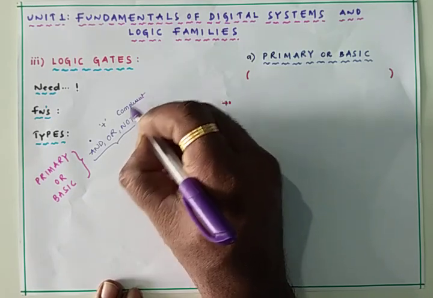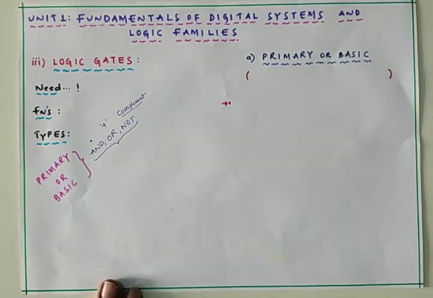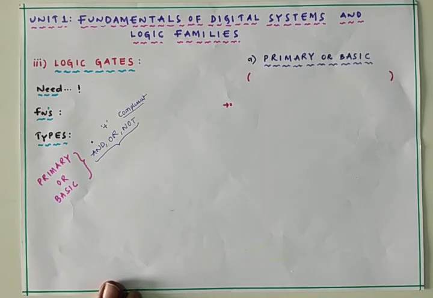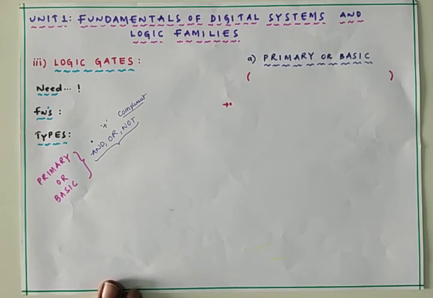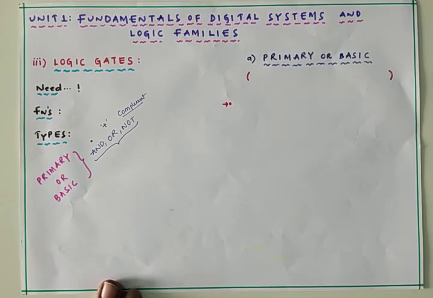Here a very important point to be noted: whatever may be the type of logic gate, it can be used for some logical operation, and logic gates can work with one or more than one input signal. That means to perform the logical operation, a logic gate requires at least one input, and the output of any logic gate will be driven through only one output line.